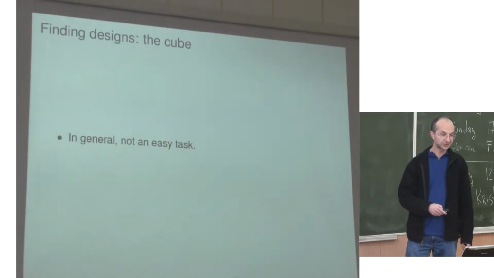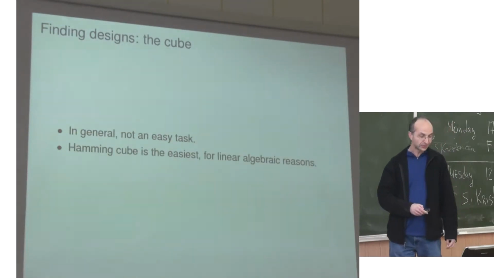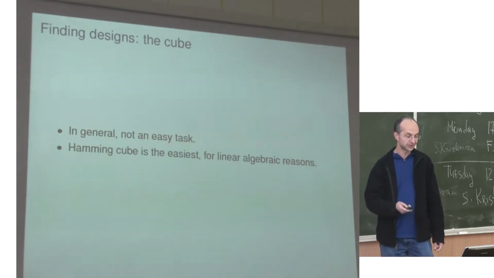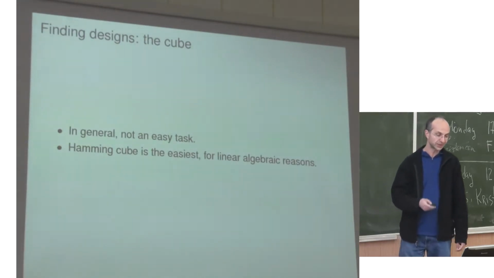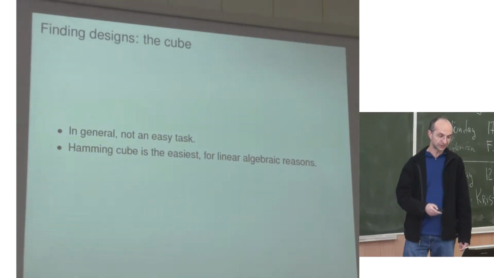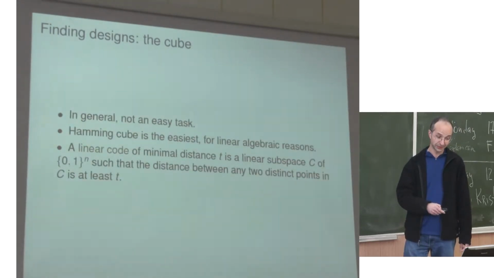Right? So the first question is, can we find designs? Let's start with the Hamming cube. In general, it's not easy to find good designs. I'm not saying construct, because usually we find them, not construct them. The Hamming cube is actually the easiest. Just by linear algebra, we can think about the Hamming cube being a vector space of dimension n over the binary field.